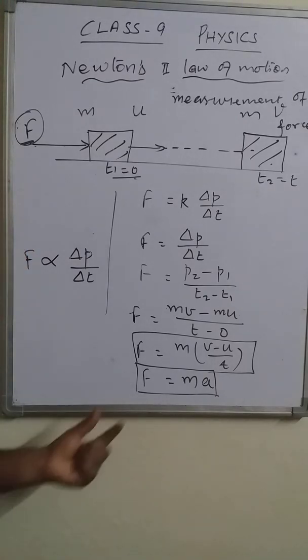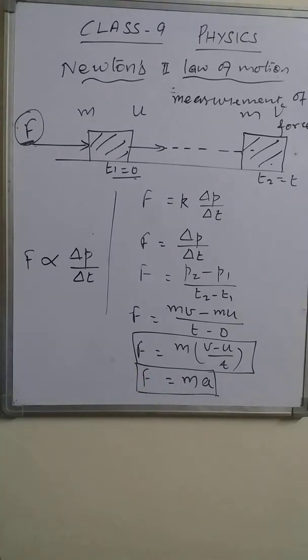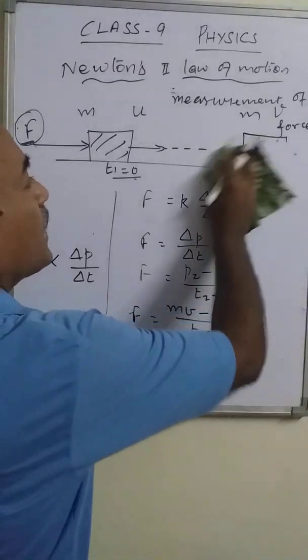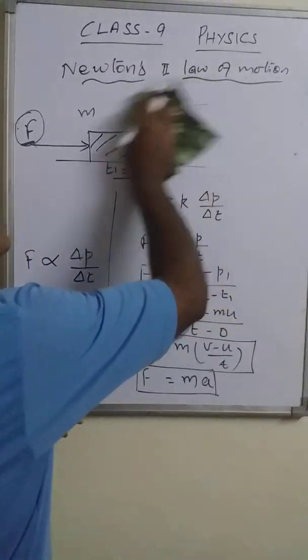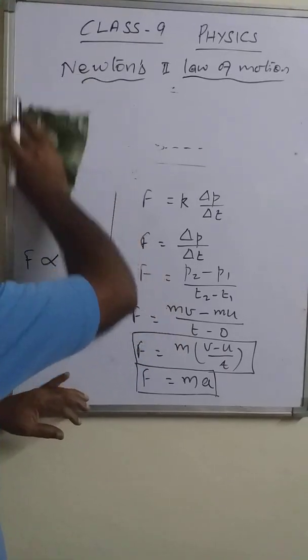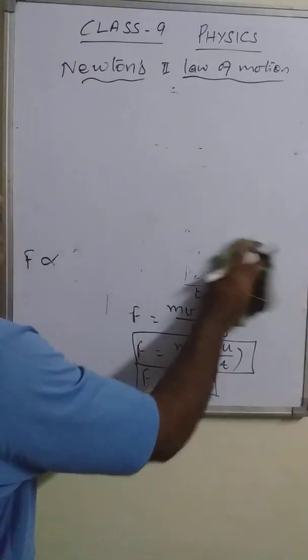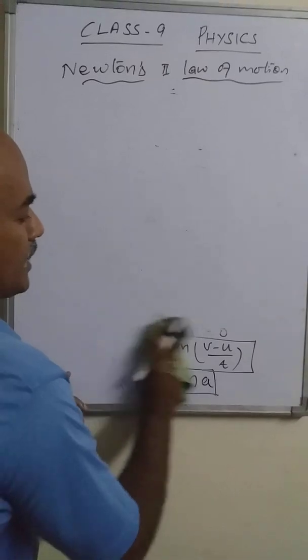Now, from this relation, F is equal to m into a, we can obtain its unit also, because all the physical quantities have SI units. Already we discussed the SI units of displacement, velocity, acceleration.